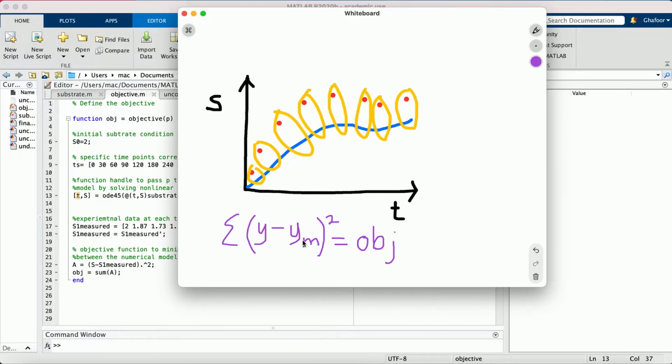We seek to minimize the difference between the measured and the numerical model, square the values and sum them all together. Consequently, we can map the numerical model to the experimental data, and we can make better predictions in the future. This numerical model essentially becomes reality.